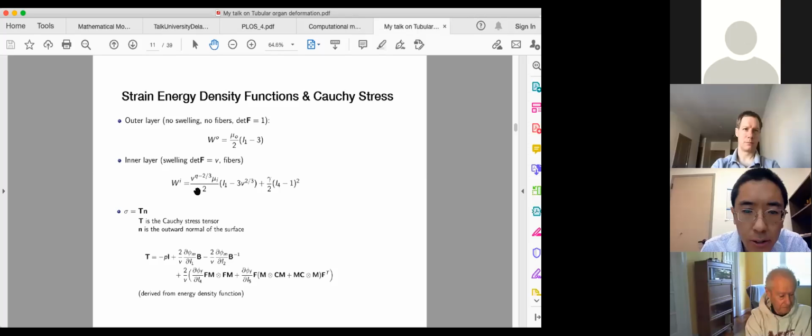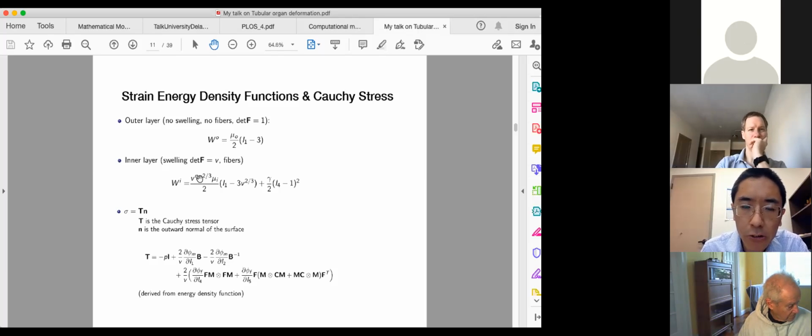For the inner layer, we have swelling here, and the determinant of the deformation gradient is V. So we update the Neo-Hookean model to this formula, W_I, and then we have V here as the swelling ratio. If V is big, that means swelling is also big. And Q is a parameter, meaning the swelling can change the stiffness of the soft tissue.